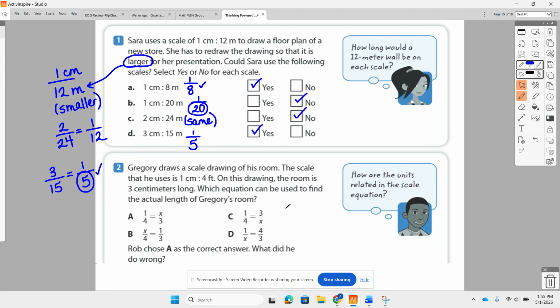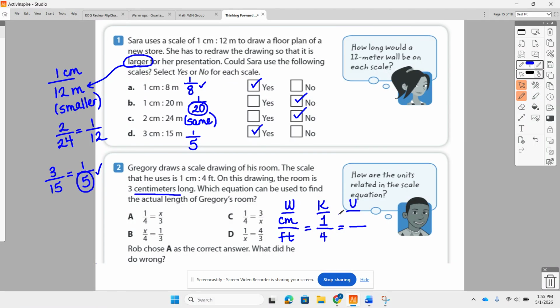So we were first setting up proportions. We talked about WKU. Words known and unknown. So we can definitely do that for this one. We can do centimeters to feet, and we know that 1 centimeter is equivalent to 4 feet, and we are trying to figure out how much it would be for 3 centimeters.